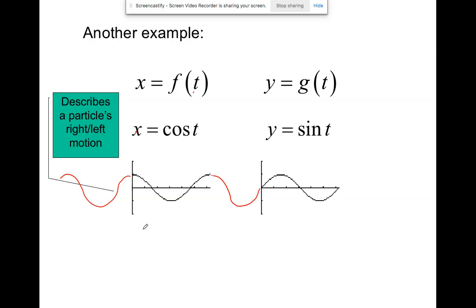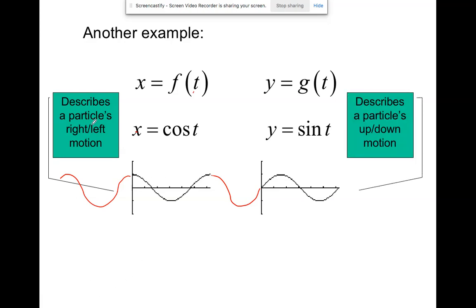But if you graph them in parametric mode, describing the particle's right-left motion, at time equals 0 the horizontal component is 1, the vertical component is 0. You're moving to the right because x is positive, and at the same time you're moving up because the vertical is positive.